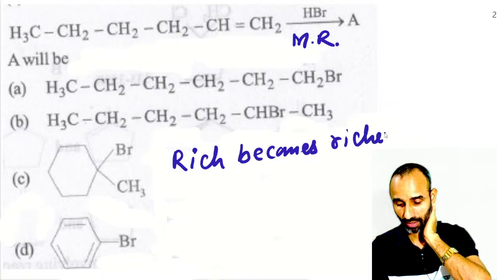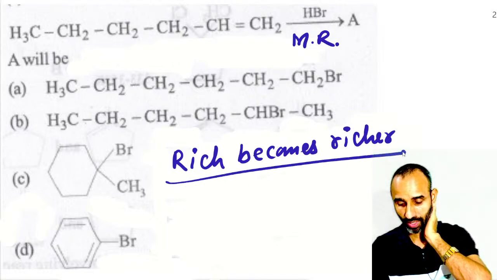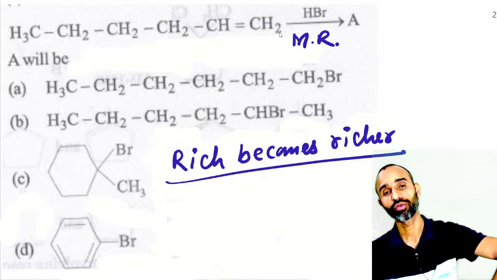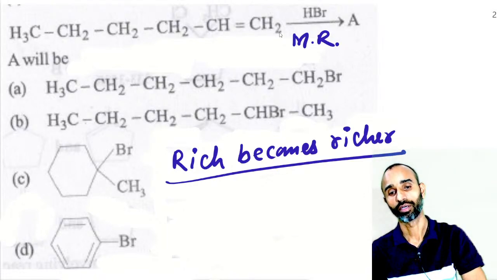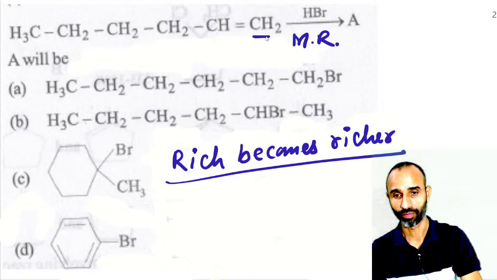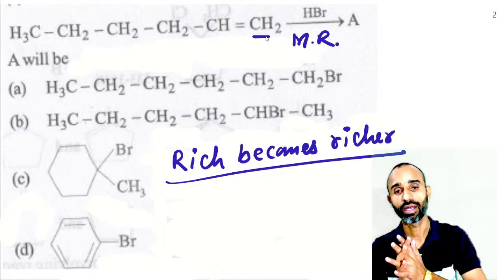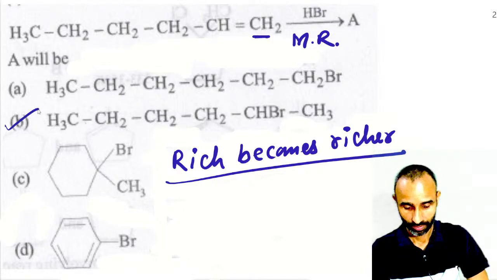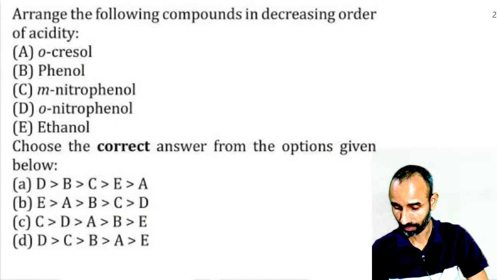That is the rule used here: the carbon which has more number of hydrogens on the double bonded carbon will get the hydrogen, or the negative part is attached to that carbon which has lesser number of hydrogens. Understood. So B is the right option.